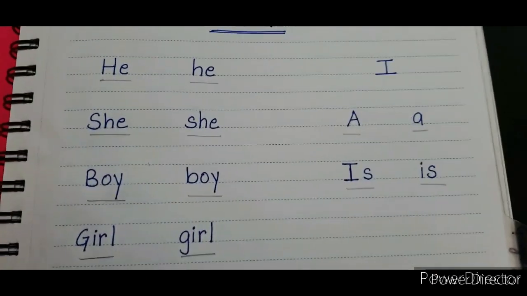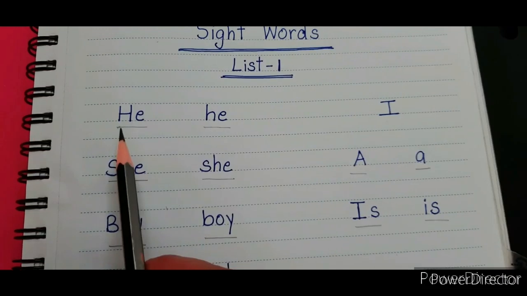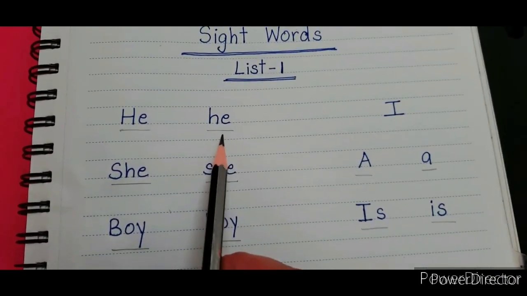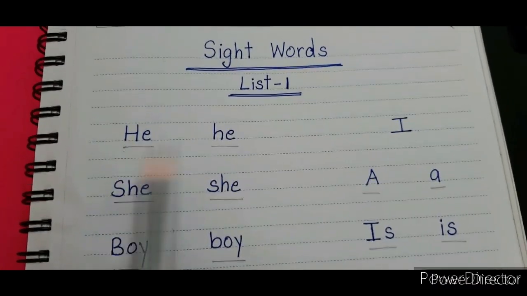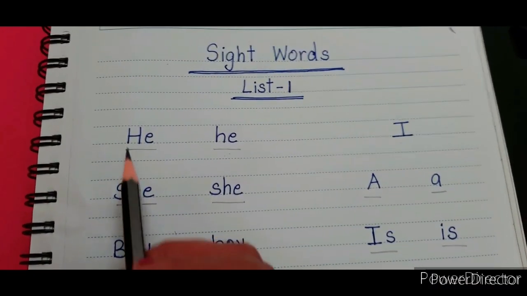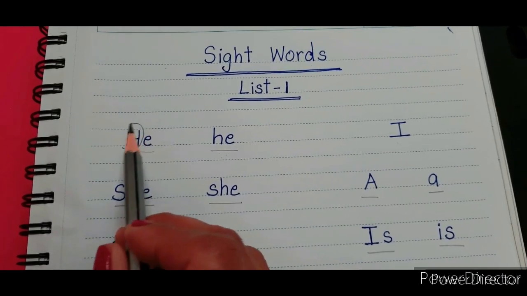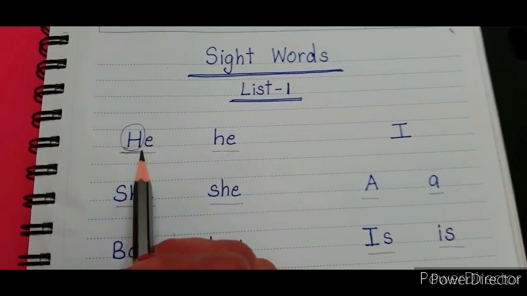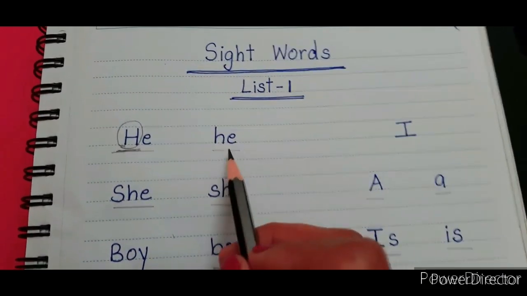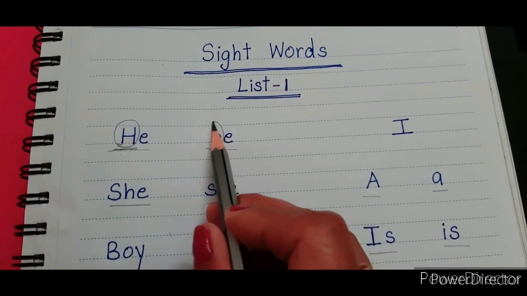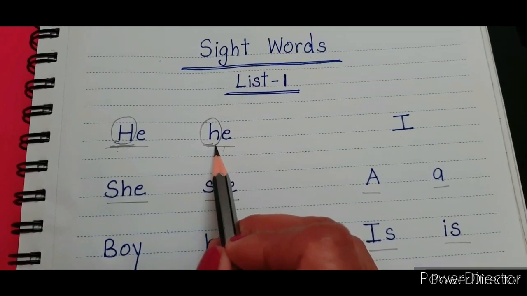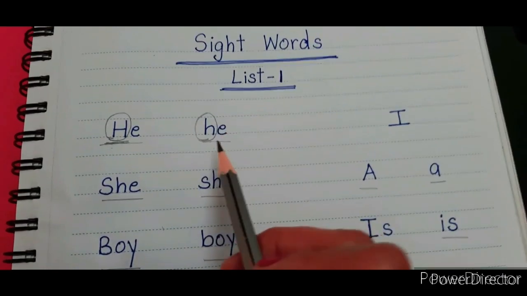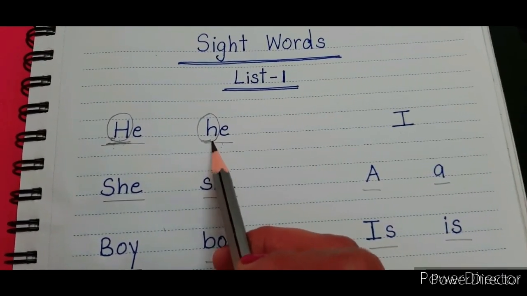Now, did you notice something? कि मैम ने ये दोनों वर्ड्स बोले he, but इसमें कुछ difference है? Yes, the difference is that the first letter is uppercase. First letter इसका big है, capital है, uppercase है. इस word में जो first letter है, that is a small letter. This is uppercase letter H and this is lowercase letter h.